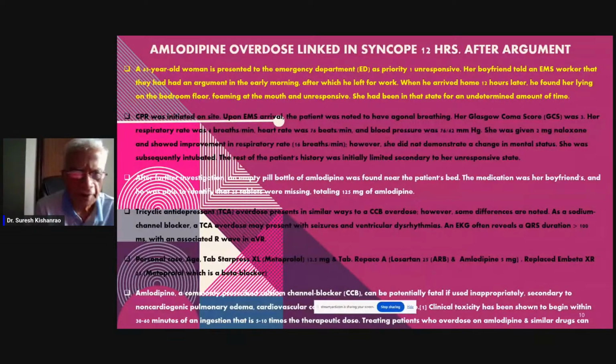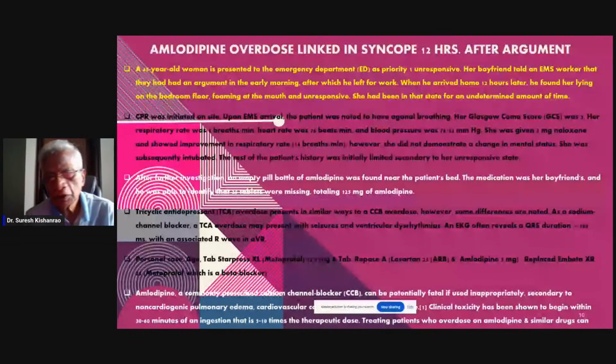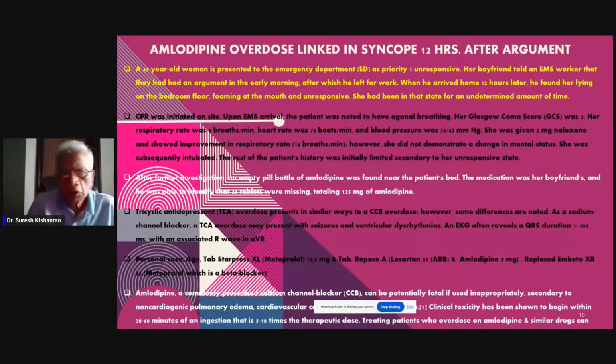We shifted this lady to the emergency department of the specialty hospital. The heart rate was 76, BP was 76 by 42. She was given naloxone and the respiratory rate improved to 16 breaths per minute from about 6.